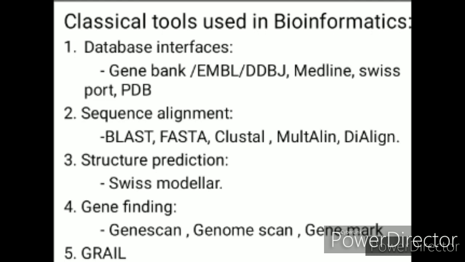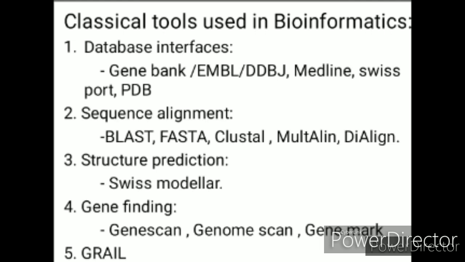Now let's see the classical tools used in bioinformatics. Firstly, for the purpose of database interfaces, we have tools like GenBank, EMBL, DDBJ, Medline, SwissProt and PDB, which means protein database. And for the purpose of sequence alignment, we have BLAST, FASTA, Clustal, MultiAlign and DAlign.